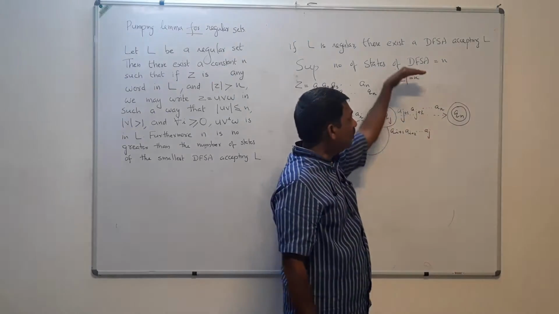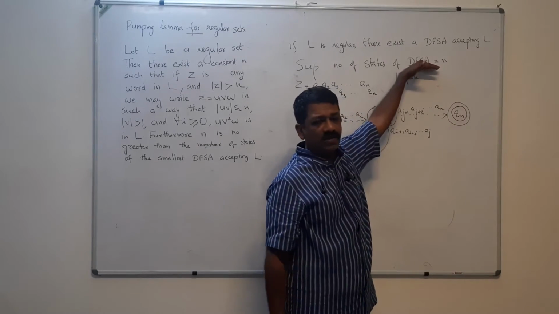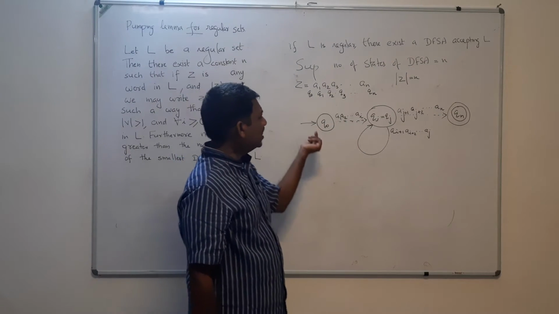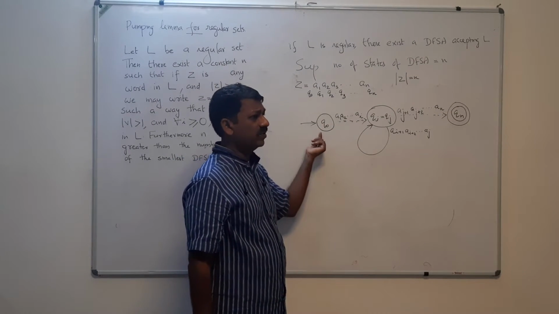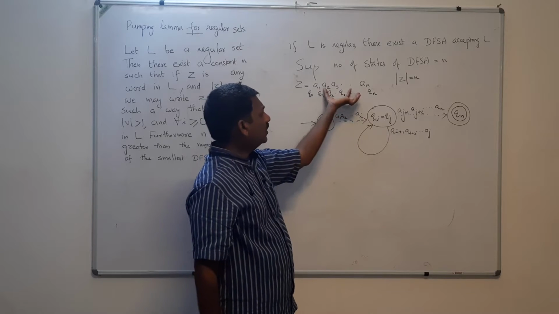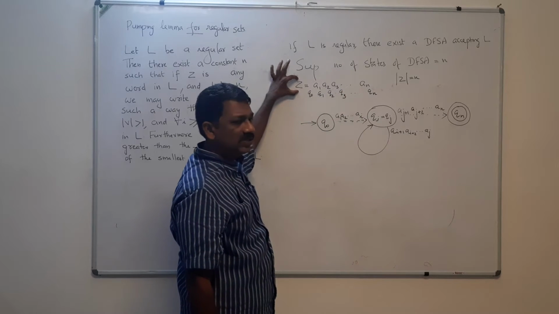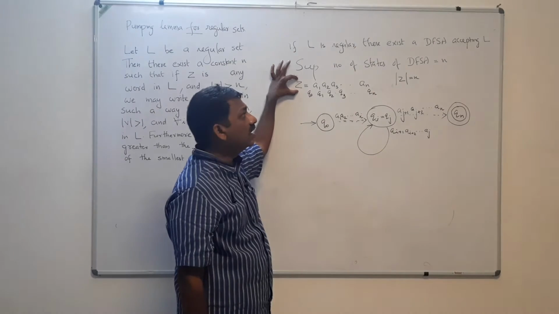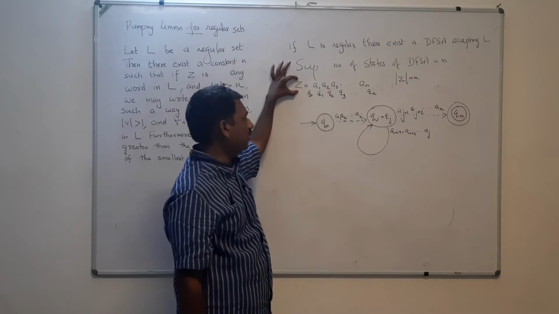Suppose that you have n states, 1, 2, 3, etc. up to n, and the start state is q0, and you have taken a valid string z that can be accepted by the deterministic finite state automaton.